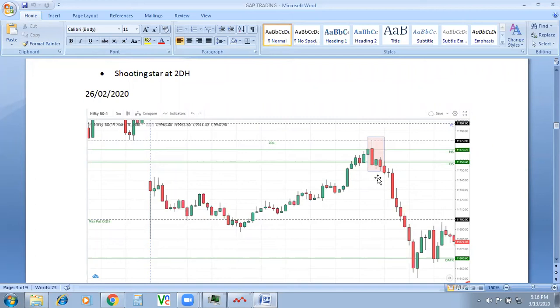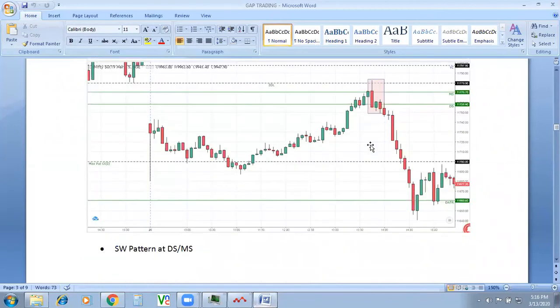This is what you need to understand. If you miss a train on the upside, these resistances will act, the support will now act as resistance. Please understand, the 2-day low. If the stock opens below the 2-day low and comes back over here, that means all the buyers at the 2-day low will act like sellers and the price doesn't move very fast on the upside. That is one more important point which one has to understand.